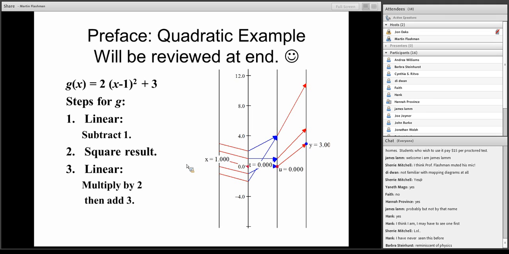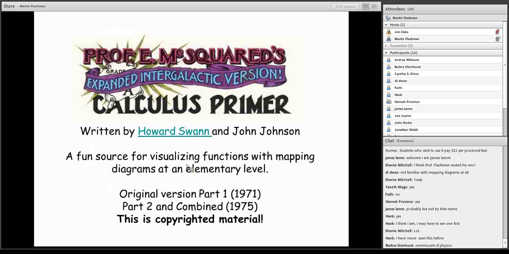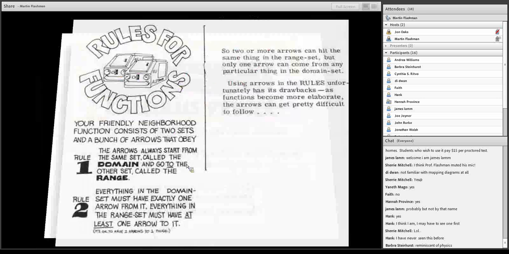I want to give you a little background on the history of this thing. And it goes back quite a while, actually, to the 19th century. But a recent, not so recent, 1971 book by Howard Swann and John Johnson was a fun source for visualizing functions and shows the connection between the mapping diagrams and the graph in this little excerpt here.